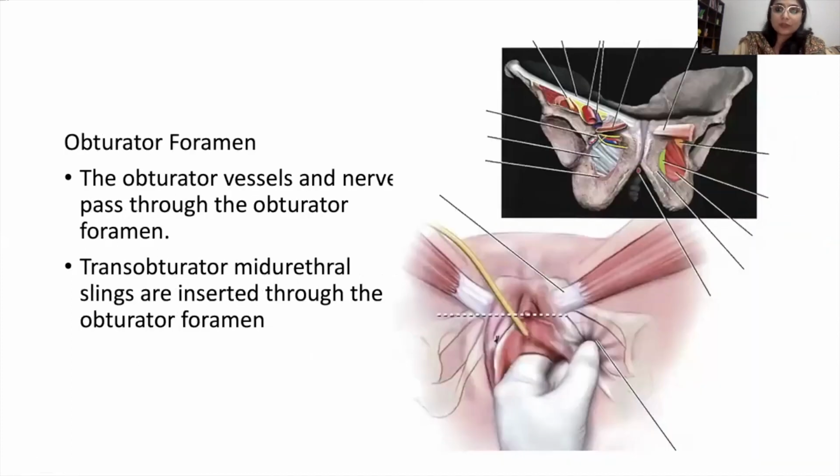Next is the obturator foramen. Now, the obturator foramen is one of the few sites in the pelvis with which a gynecologist is not very well acquainted, because we don't really come across surgeries which involve the obturator foramen. But with the advent of transobturator tapes, we started dealing with this area. Transobturator tapes were introduced as a very simple, easy-to-do surgical procedure.